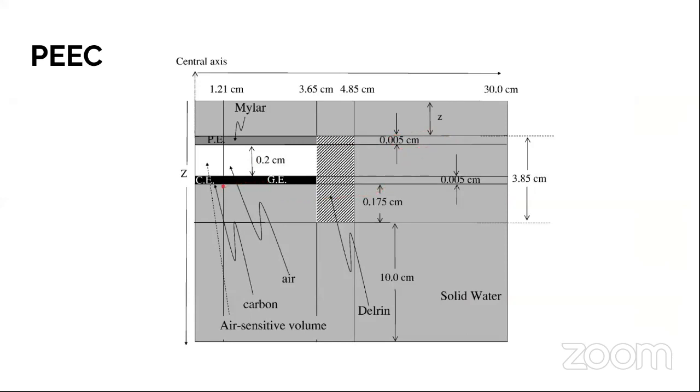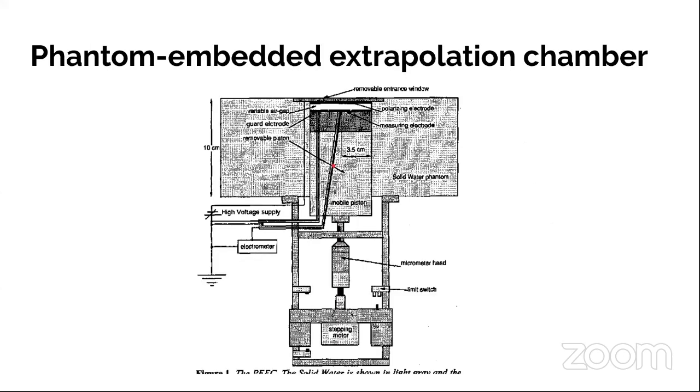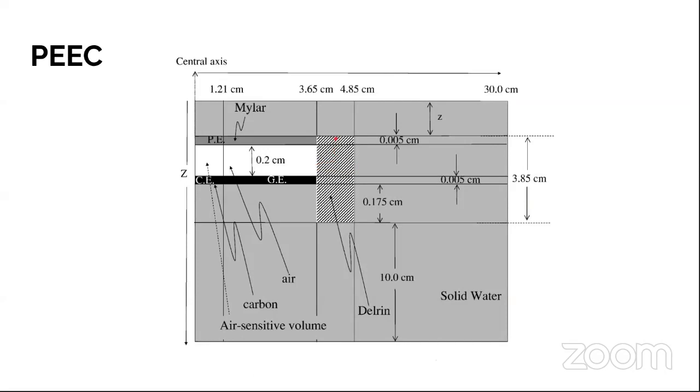And on the lower part, we have graphite, with 50 micrometers also. One thing we had to do is replace this ring here with Delrin, another material, a plastic, like this. So the question is, how do we model this chamber using DOSRZnrc?